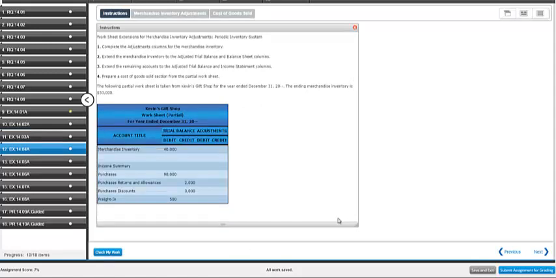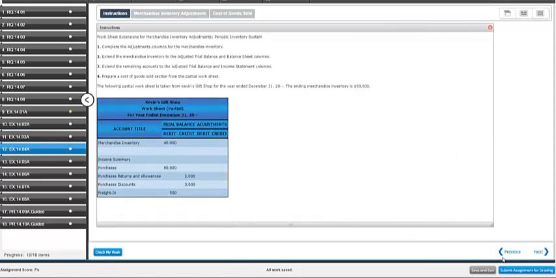14.4. We're going to be making some extensions to our worksheet for merchandise inventory. So here we're given a partial worksheet where we're shown our cost of goods sold information.